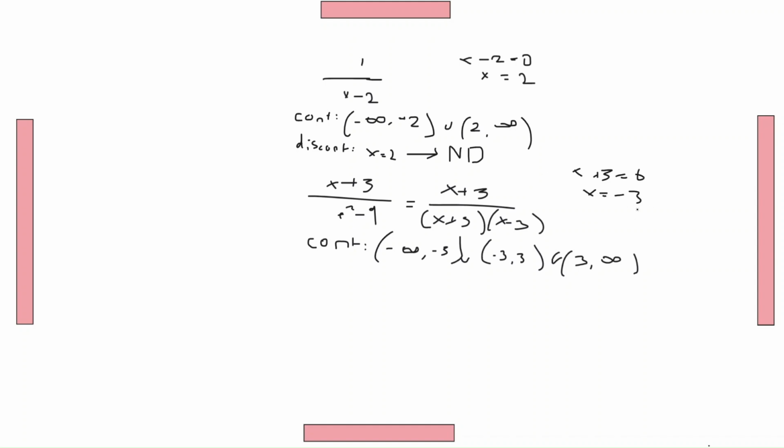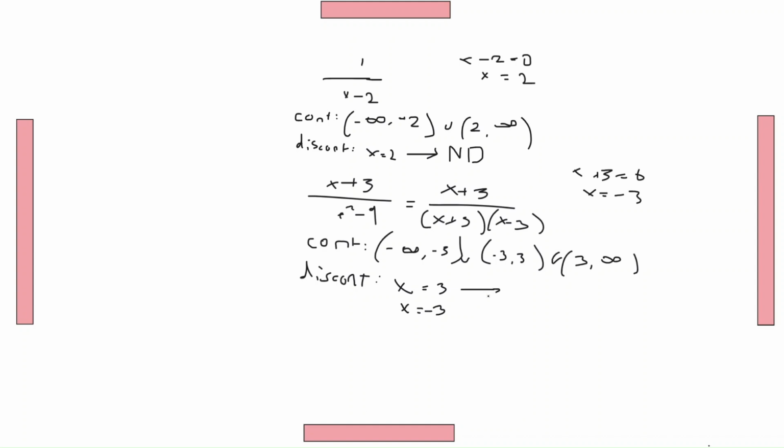So you can do it in your head, or you can just do it on paper. Both work perfectly fine. But if we wanted to specify the discontinuity of this function, what would we do? Well, we know x is equal to 3 is a discontinuity, and we know that x equals negative 3 is a discontinuity. But how would we solve for what's what?